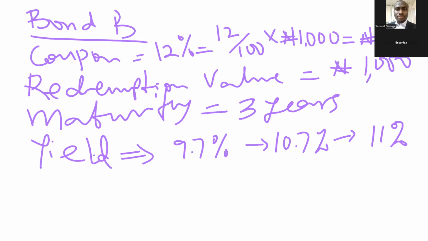The same way, we are going to use the same thing. So we have year 1, year 2, year 3. Cash flow in Naira: the coupon you are going to receive in year 1 is 120.